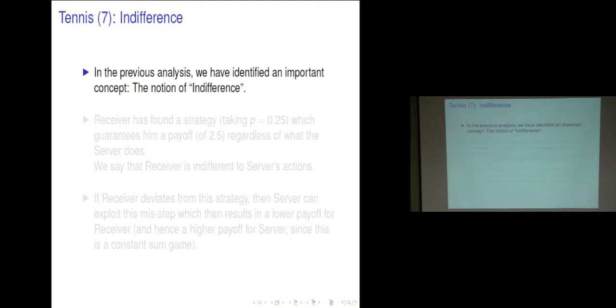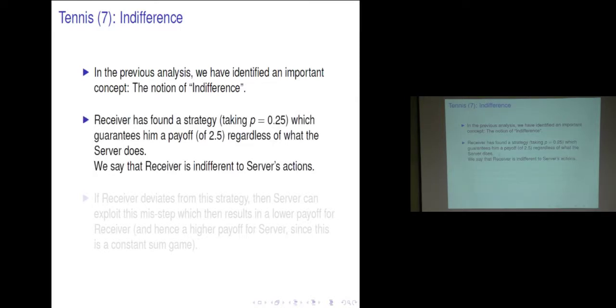So in the previous analysis, we have identified an important concept, the notion of indifference. If the receiver plays with that probability, he doesn't care what the server does, right? So the receiver has found a strategy, this one, which guarantees her payoff at 2.5, regardless of what the opponent does.